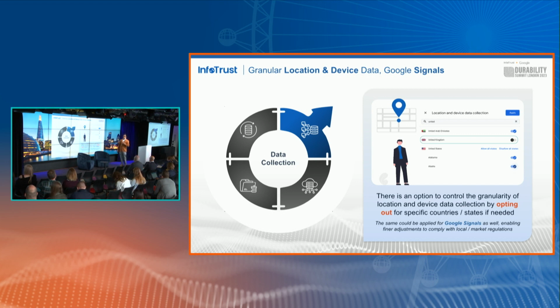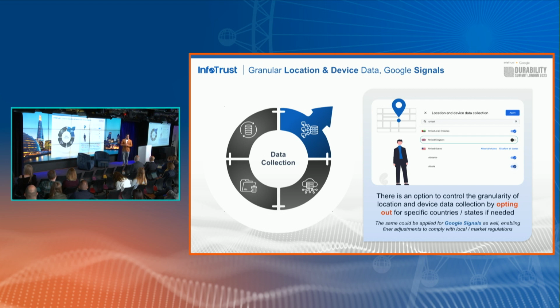When you enable something known as Google Signals for consumers that have opted into ads personalization, you will be able to identify the consumer across devices. That's one feature. And secondly, location and device data collection also has toggles.